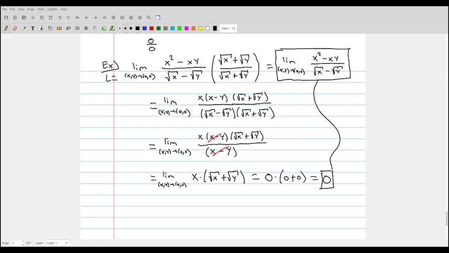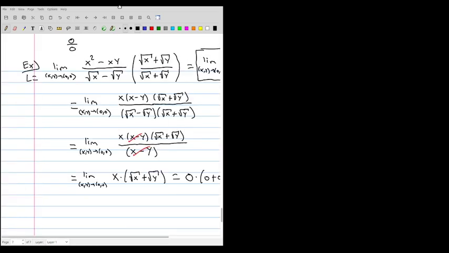And let's take a second to plot this out and verify that this does in fact make sense for this function.